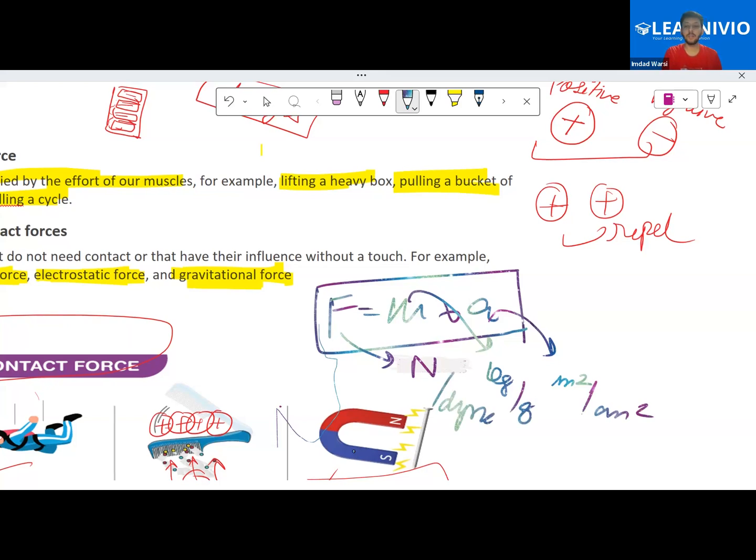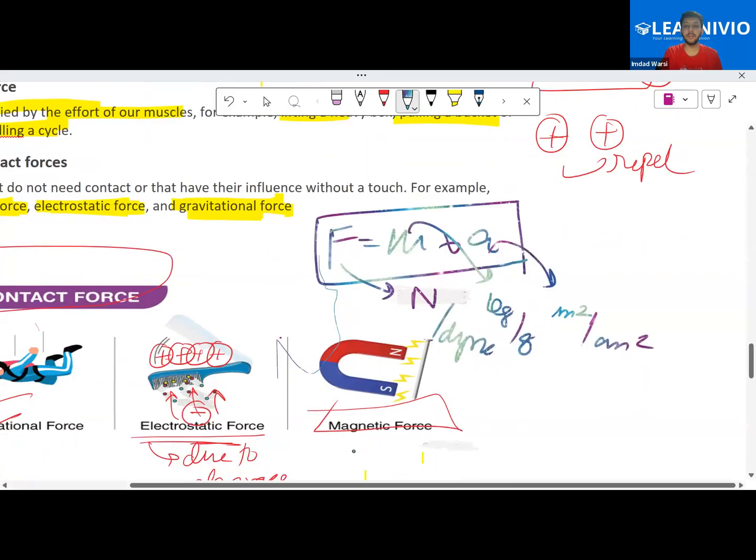Also, Rohan, tell me, if the mass of a body is 2 kg, what is the weight of that body on Earth? You didn't revise the lecture. No, I forgot.